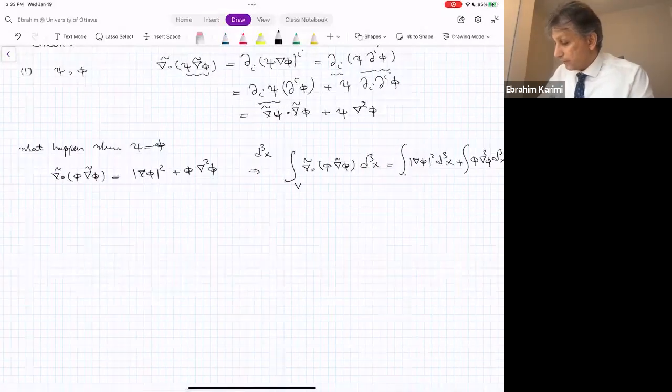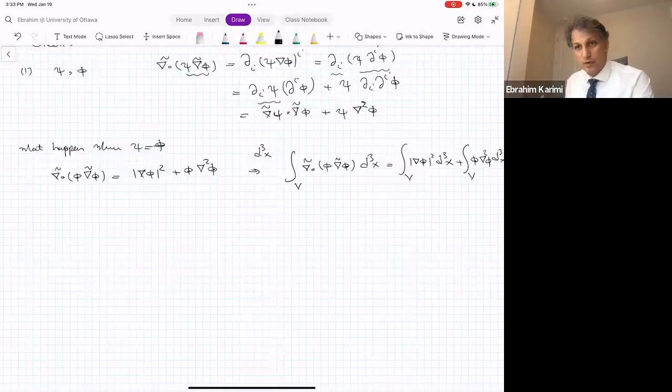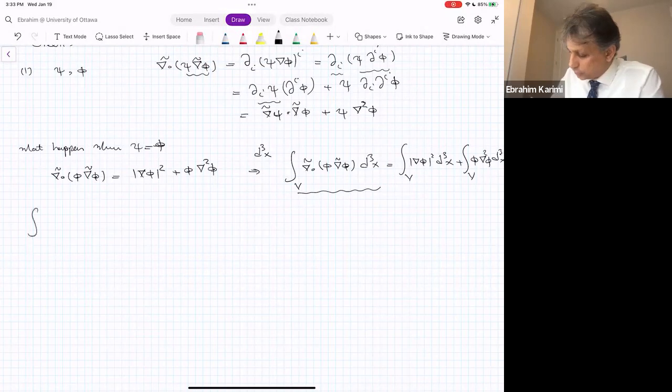And all of them are on any arbitrary volume that you have, but the volume is the same. Now, using the Gauss theorem, I will bring the divergence from the volume to the surface. So I will get the integral of phi gradient of phi dot normal to the surface d sigma, and that is on the surface of the volume.